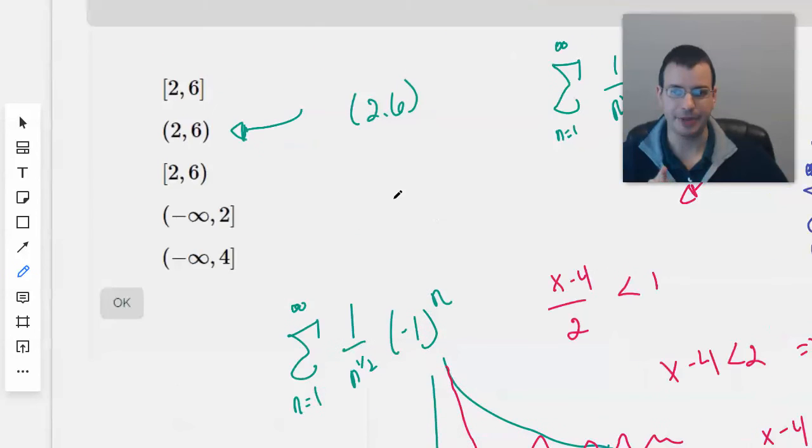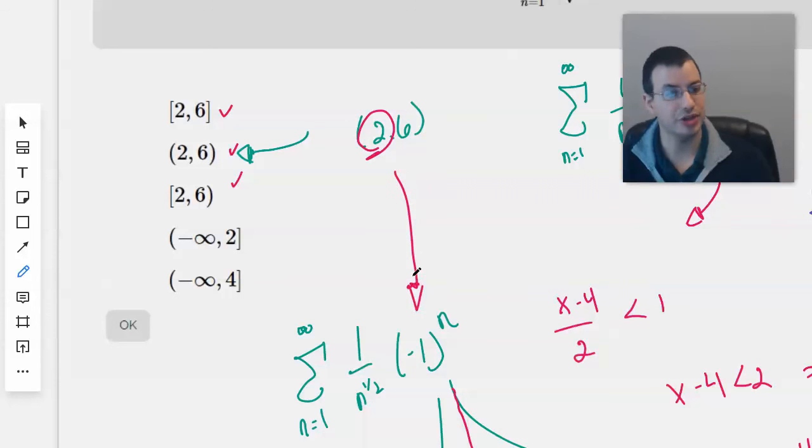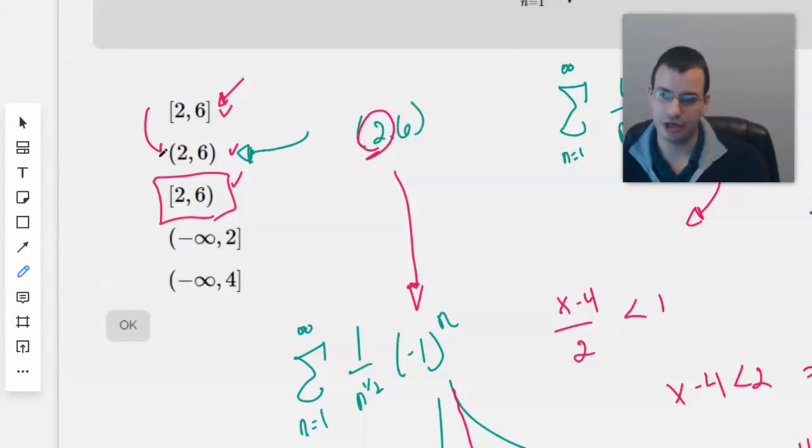So we know that everything between 2 and 6 converges. But when we use 2, we also get this negative 1 to the n term, which can work with the 1 over square root of n. So we're going to have a bracket here, which means includes, and the rounded parenthesis means not included.